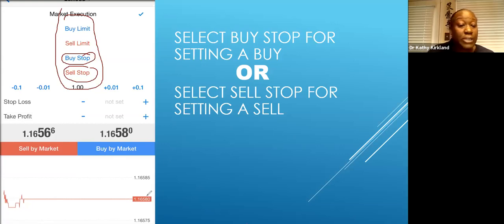Just for trading purposes, we're trading EUR USD. And let's say that the current price is right here. We're going to say current price is 1.1658. Sorry, 1.1658, with a decimal right there.